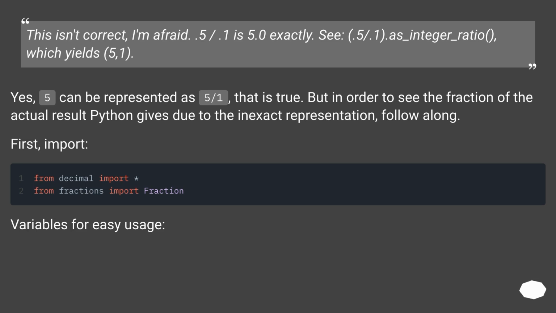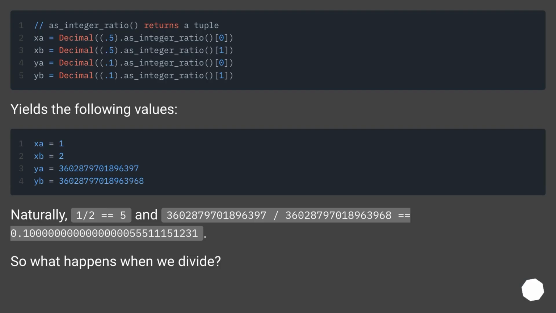First, import the variables for easy usage. This yields the following values.